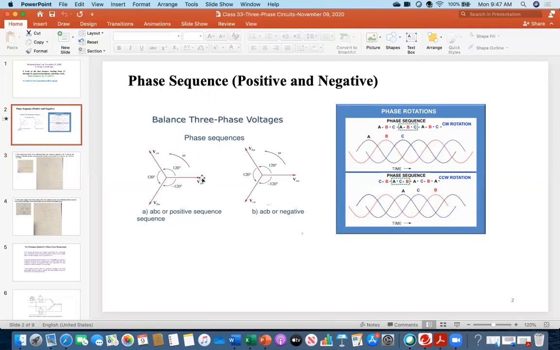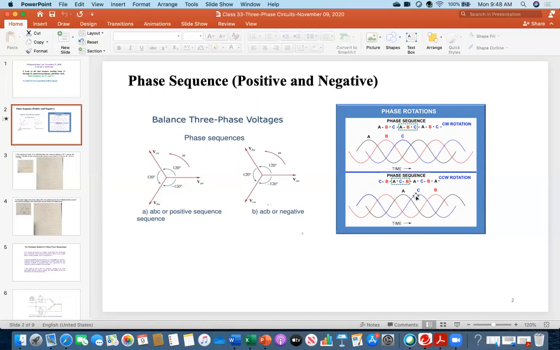This means first phase A, then phase B after 120 degrees, then phase C. On the other hand, look at the right side: first phase A, then phase C. The difference between phase A and phase C is minus 120 degrees clockwise, then phase B. So this is three-phase, but here the sequence is A, C, B. With respect to the positive sequence, ACB is called the negative sequence.